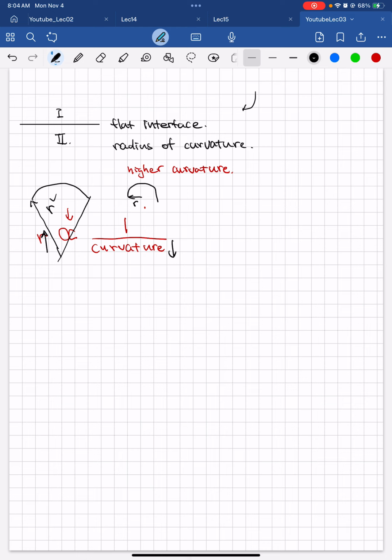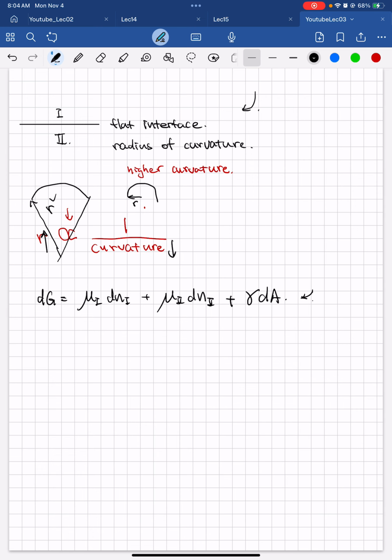So for this system, we can use dG equals mu 1 dn1 plus mu 2 dn2 plus gamma dA.